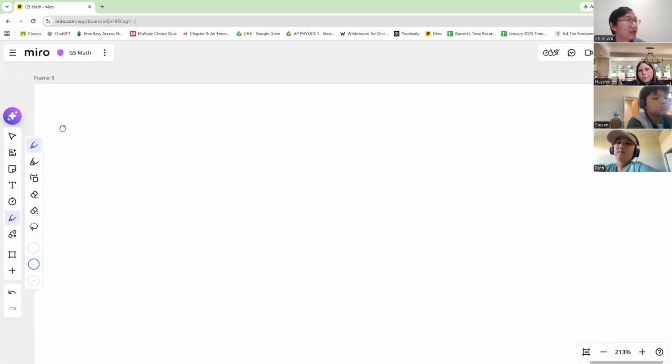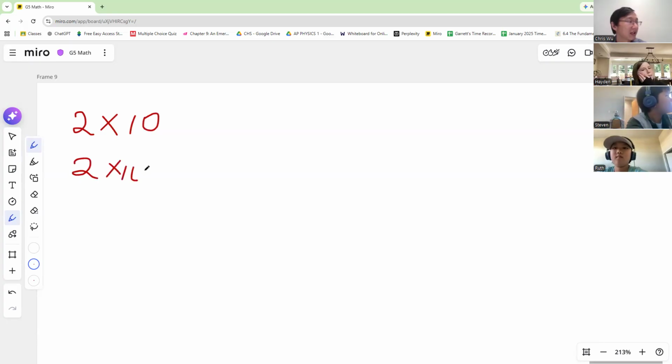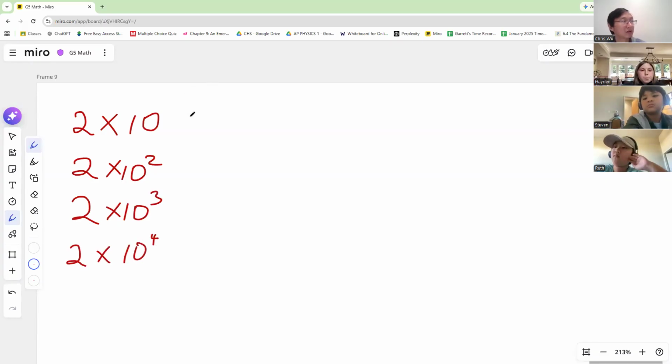What happens if you have 2 times 10? 2 times 10 squared, 2 times 10 cubed, 2 times 10 to the fourth power. What would that give me? Well, what's 2 times 10? That's just 20, right? What's 2 times 10 squared?